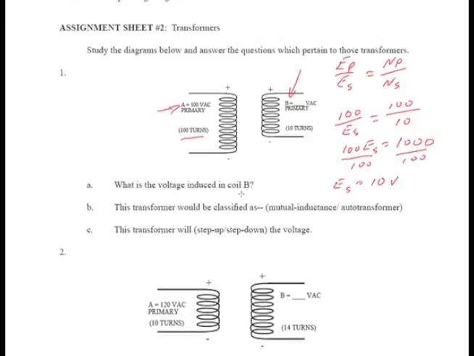So the voltage induced is 10 volts. This transformer would be classified as a mutual inductance transformer, because the primary and secondary are not connected to each other. They're only linked by the flux that links the two. This transformer is a step-down transformer. The primary is 100, the secondary is 10 volts, so it stepped the voltage down.